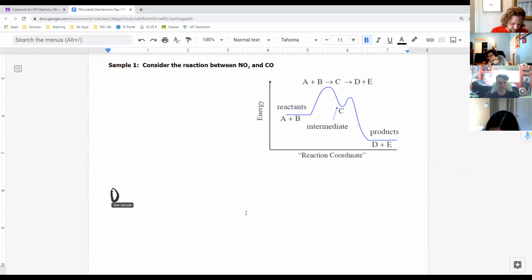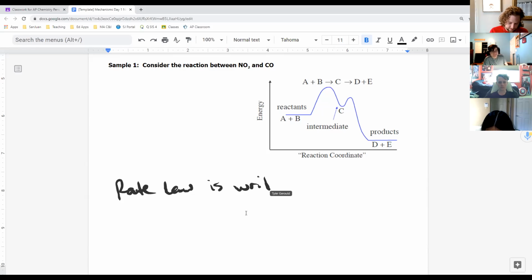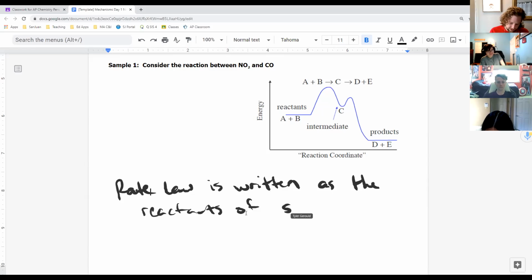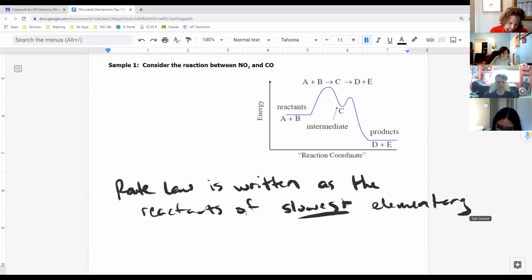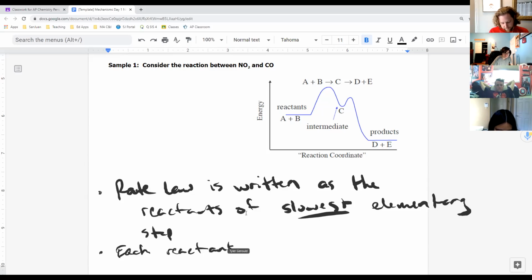So to add on to your notes, rate law is written as the reactants of slowest elementary step, each reactant counts as its order.